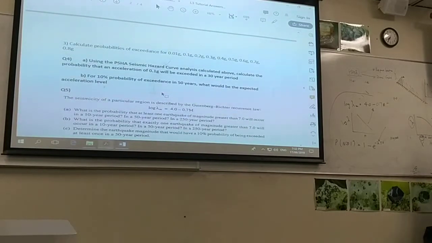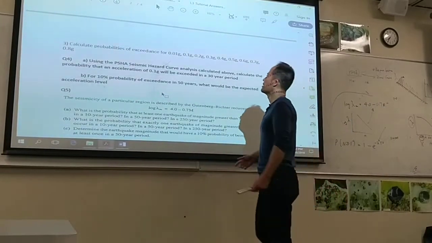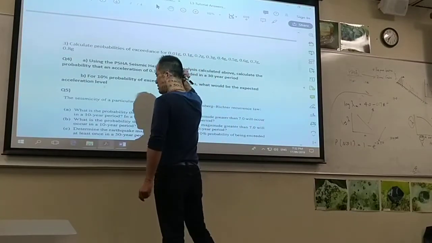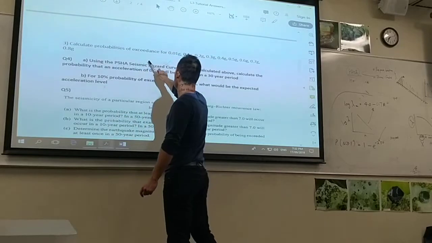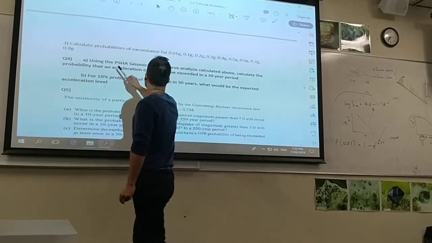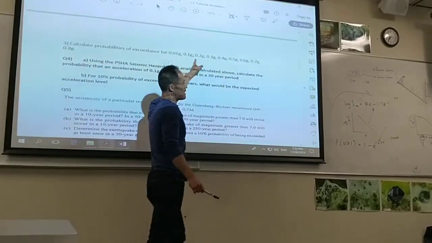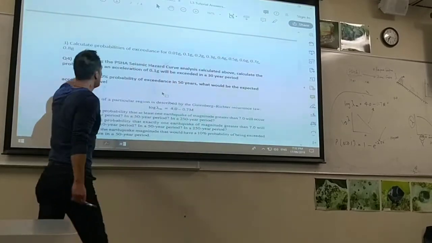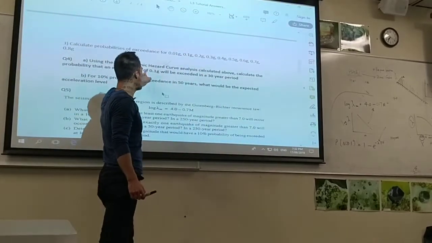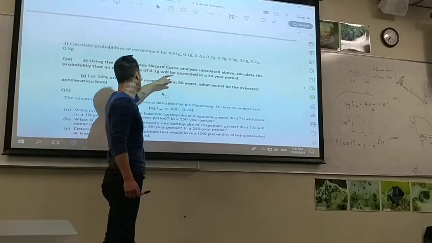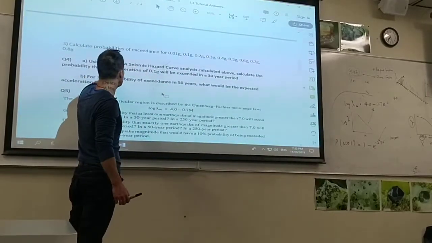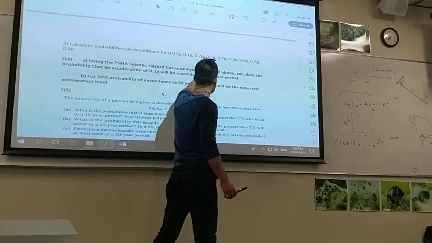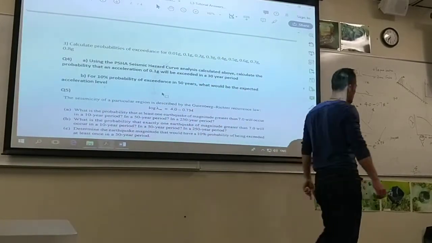Remember the illustrative example that we discussed, you'll end up with a seismic hazard curve once you've plotted it with all these target accelerations. So using the PSHA seismic hazard curve analysis calculated above, calculate the probability that an acceleration of 0.1 g will be exceeded in a 30-year period.